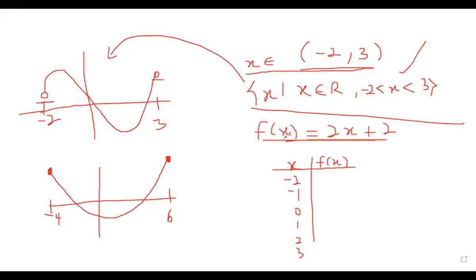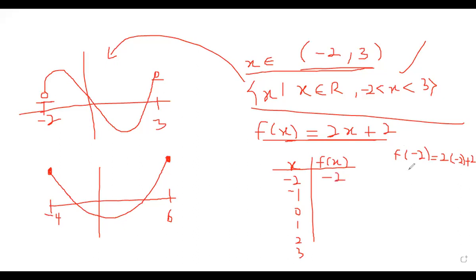We say a function is like a machine, so just substitute your value of x into the function, put it in the machine, and get the image. So if x is -2, then f at -2 will be 2 times -2 plus 2, that will be -4 plus 2, which will be -2.